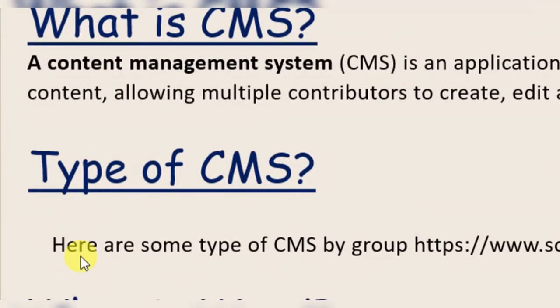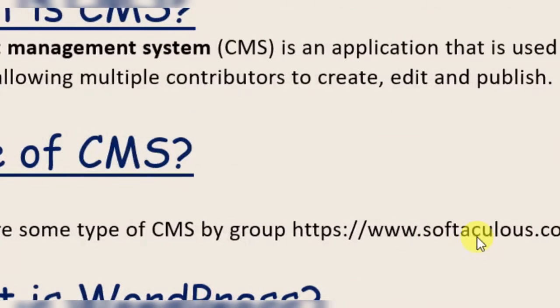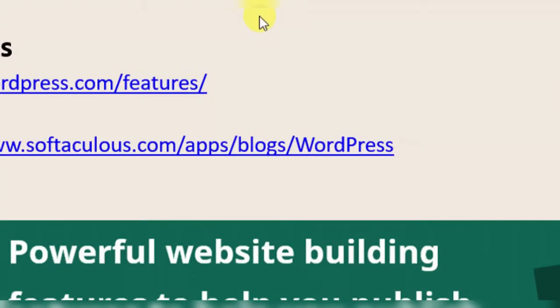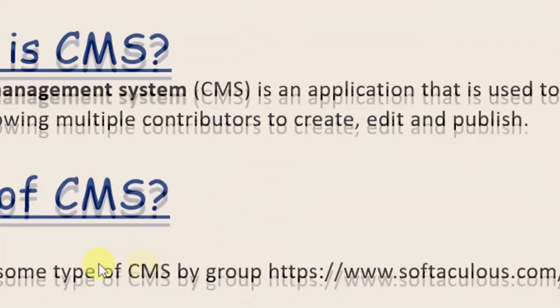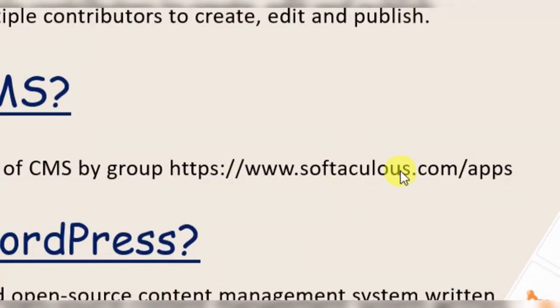So we have types of content management systems. Here are some types of content management systems. We are going to go to this website to find out more about some of them.